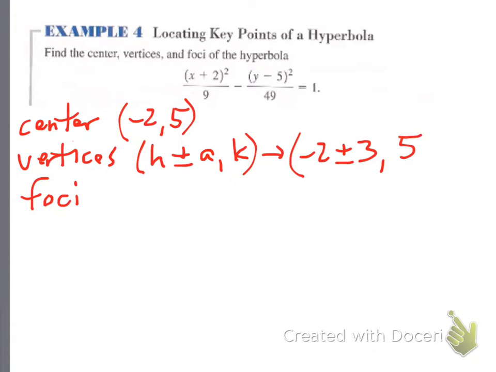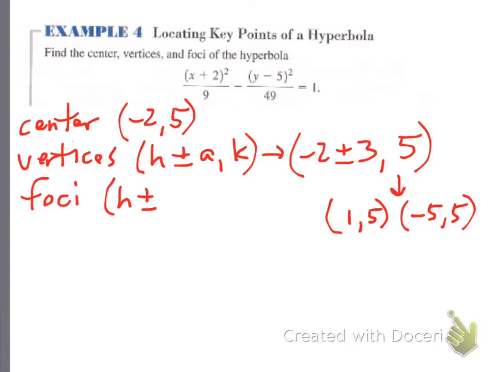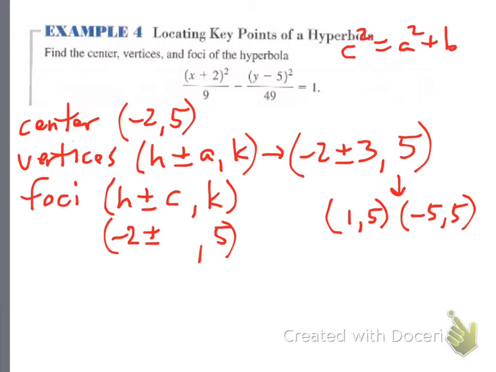So our vertices are 1, 5, and -5, 5. And then our foci, h plus or minus c, k. So h is -2 plus or minus. Now we have to figure out what c is. Again, c squared equals a squared plus b squared.